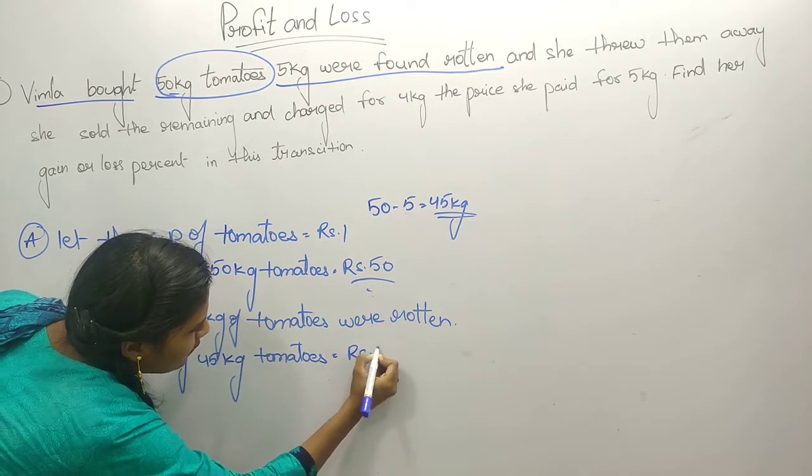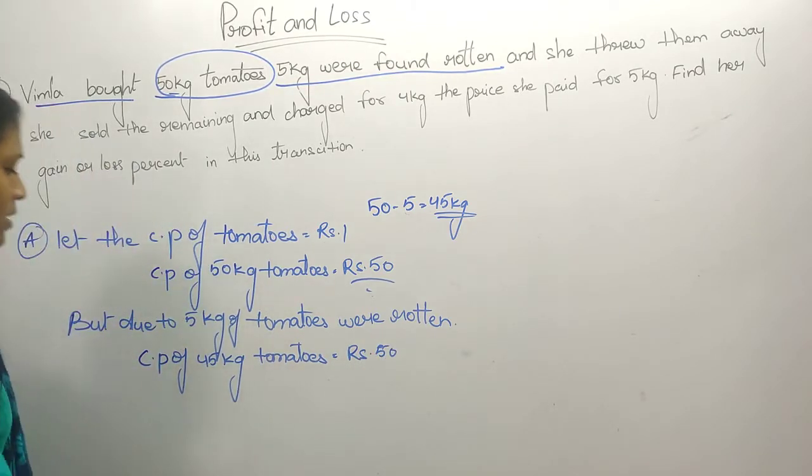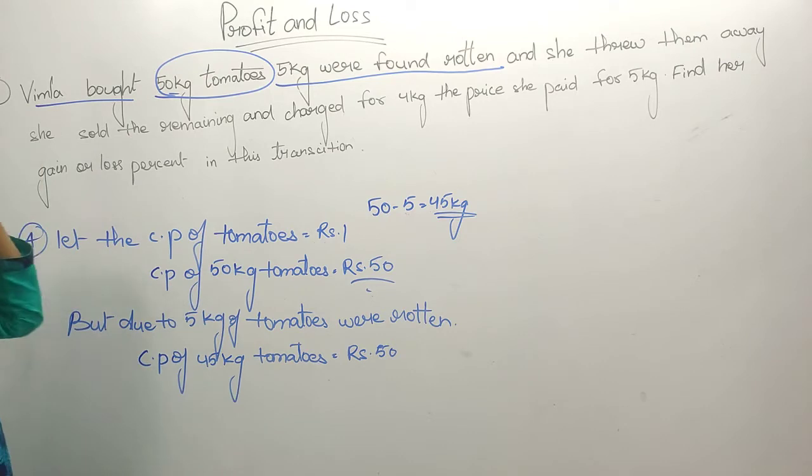Rupees 50. Okay. Cost price of 45 kg of tomatoes is equal to rupees 50.